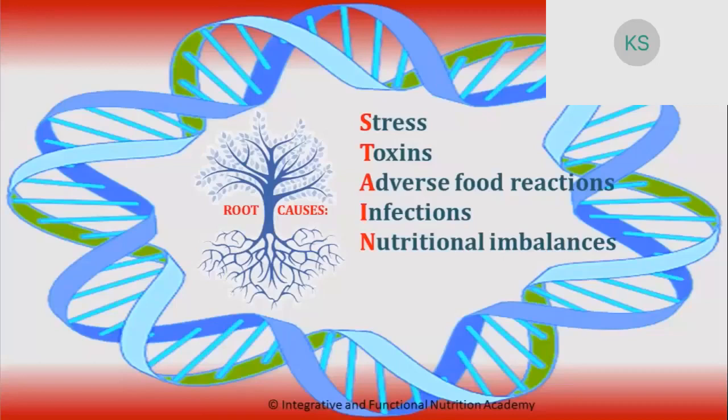We're seeing more and more vector-borne infections around the globe. And of course, viral infections and others. And then, of course, the N in STAIN, nutritional imbalances. It might be fatty acids. It might be a vitamin or mineral insufficiencies or deficiencies.